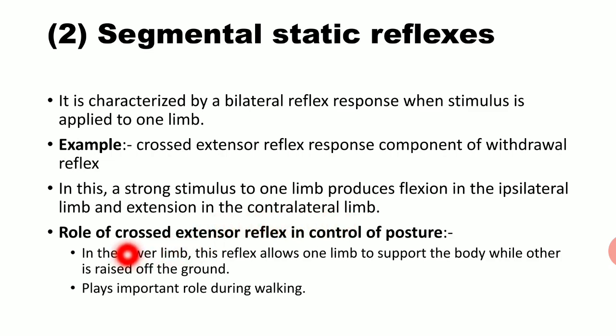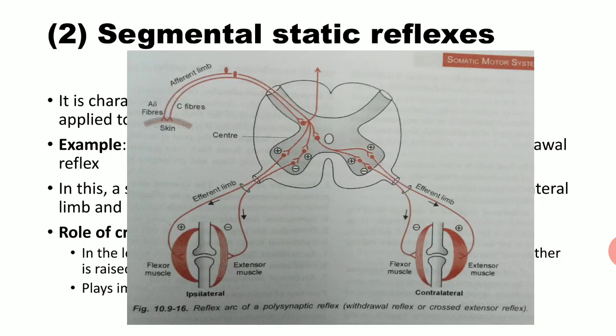What is the role of the cross extensor reflex in control of posture? In the lower limb, this reflex allows one limb to support the body while the other is raised off the ground. So it plays an important role during walking. It is a segmental static reflex. We already discussed this cross extensor reflex. This is the ipsilateral side, the same side, where we apply a stimulus.